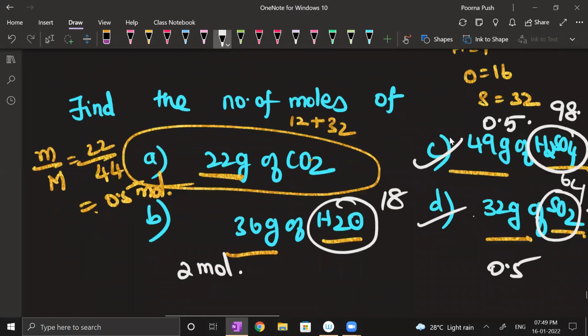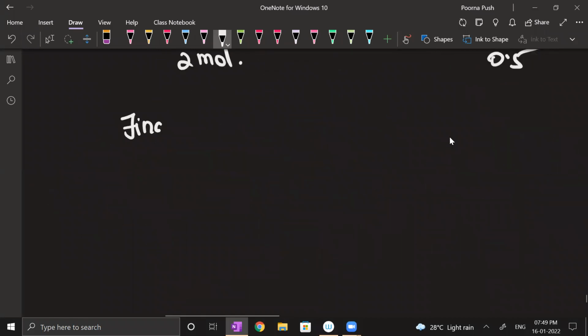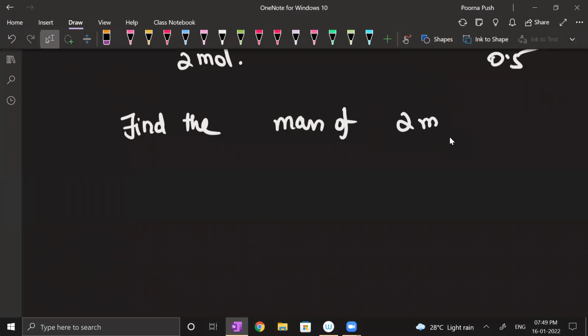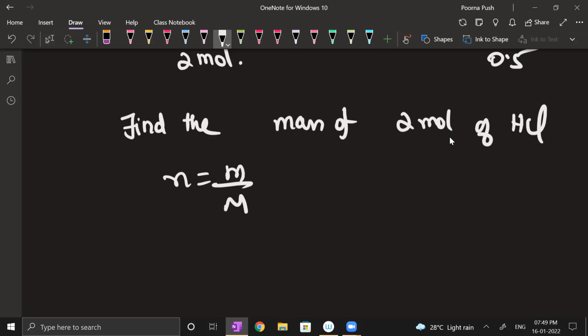Right now, next set of questions. Find the mass of 2 moles of HCl, for example. How to do this? n is equal to small m by capital M. Then what is small m? n into M, that's it. Number of moles is 2.